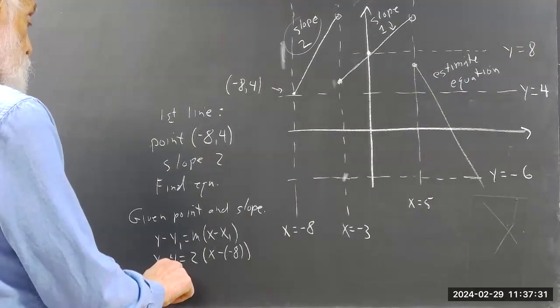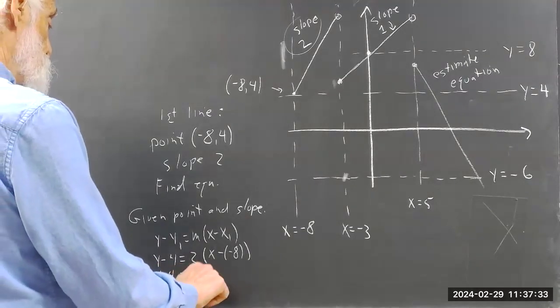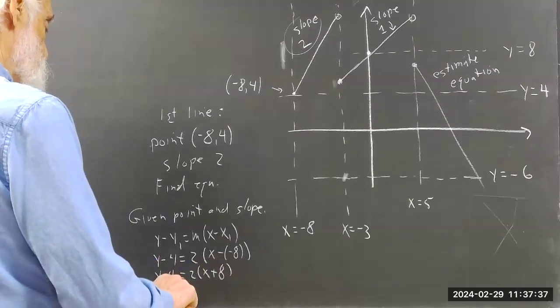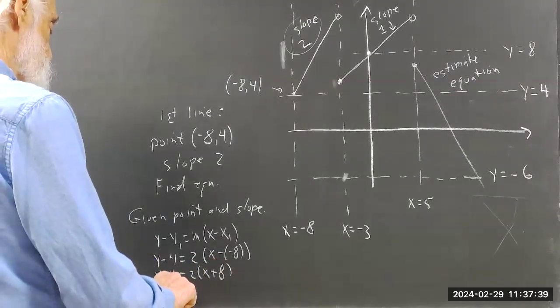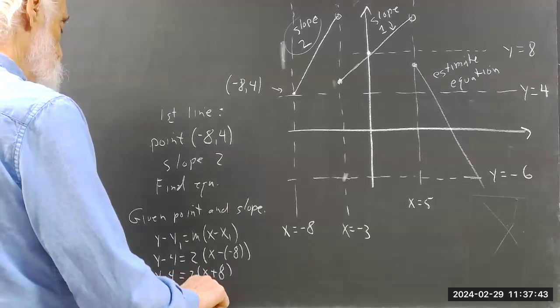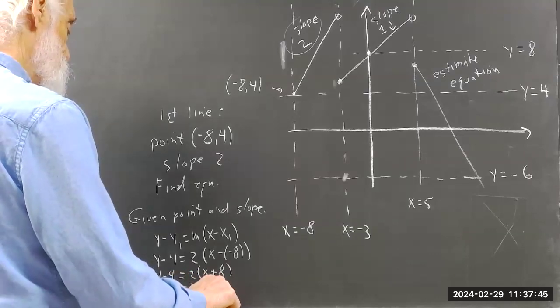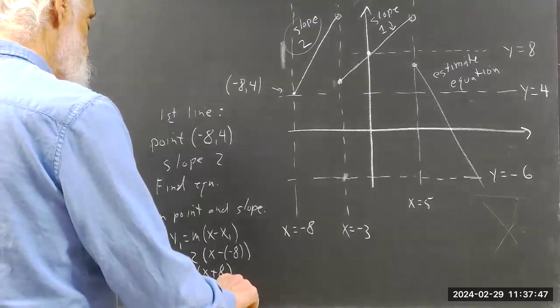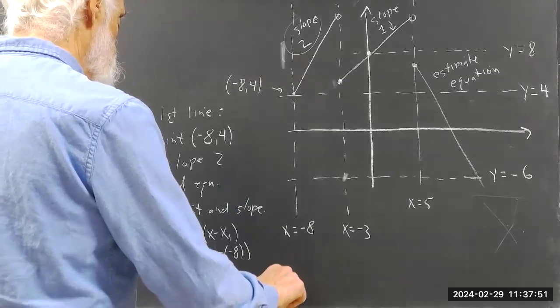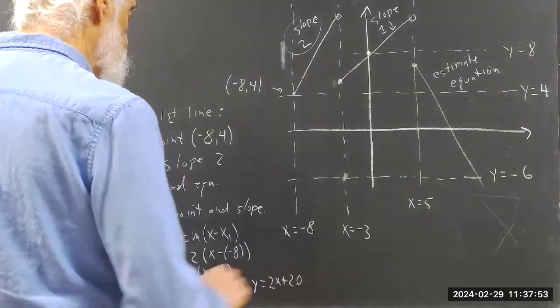Here's your y minus 4 equals 2 times x plus 8. So that's y minus 4 equals 2x plus 16. Then finally, solve for y, you get y equals 2x plus 20.